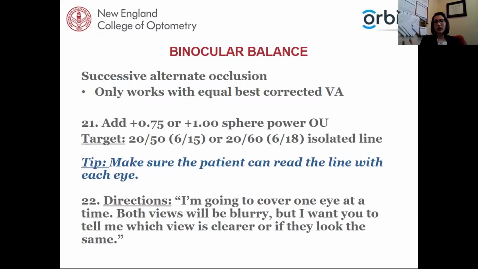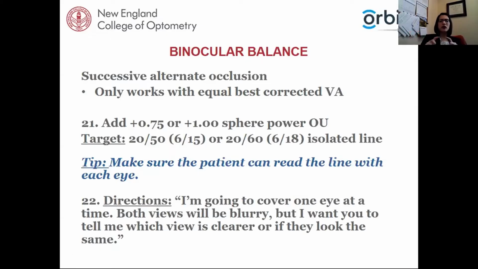If one eye is 20/20 and one eye is 20/40, you shouldn't be doing binocular balance because the vision is never going to be equal between the two eyes, and so it invalidates the procedure. So if you have equal vision between the two eyes and the patient is young enough to accommodate, you may want to binocular balance. To start this, you can either add plus 75 or plus 1 sphere power to both eyes.